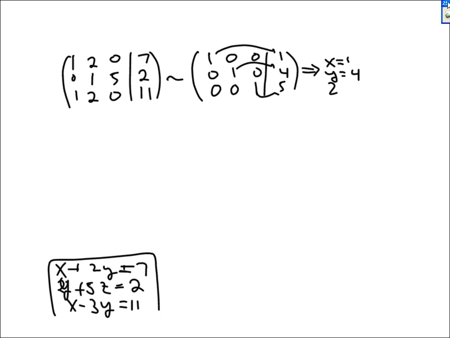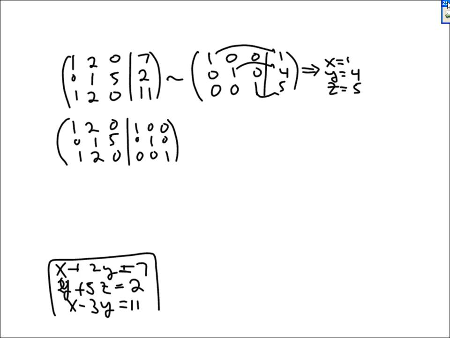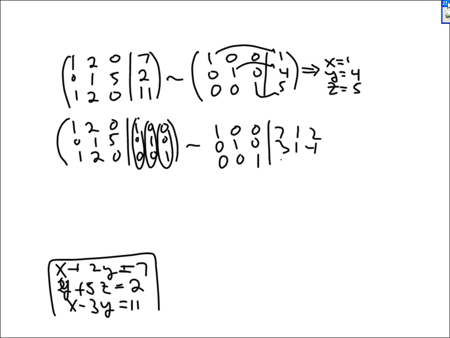And you're done. But now, if you did do inverses, you would put the identity matrix here, and then you would reduce. And every time you reduce, instead of having one column on the right, you have 3 columns on the right. Nonetheless, you reduce it, and you get the identity on the left and the inverse on the right.